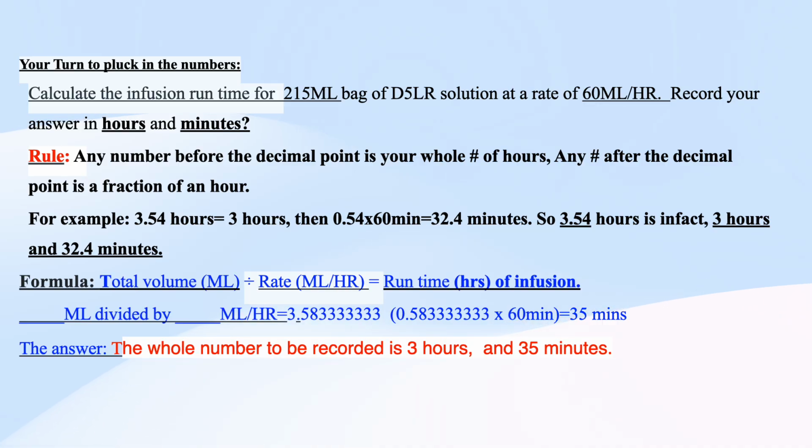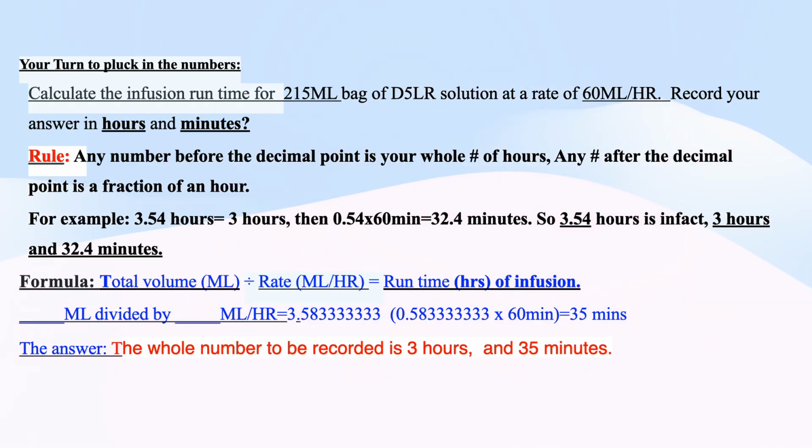They have no measurable units next to them, so do not factor them into your problem. Like in this case, D5LR, it's just the name of the solution. So our volume in this case is 215 ml.